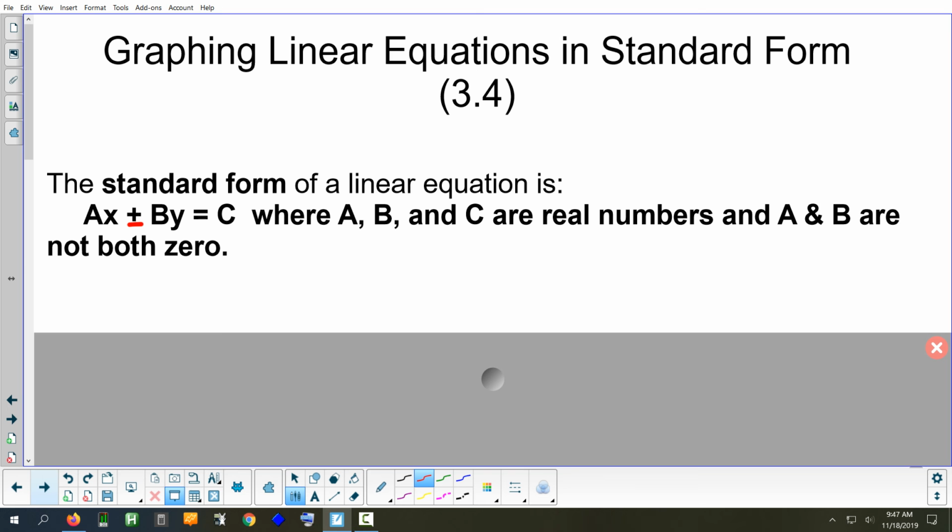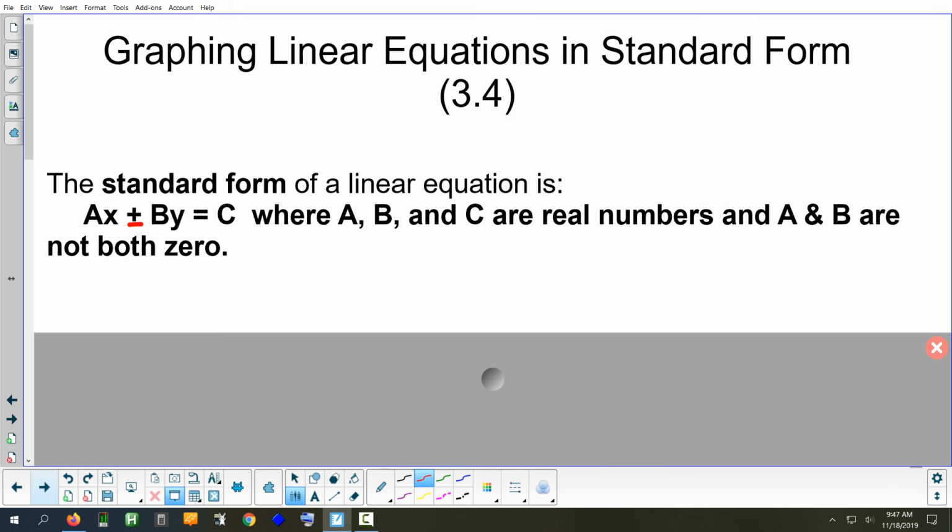Okay, they're all numbers. And when I say real numbers, that just means they could be fractions, they could be decimals, they could be positives, they could be negatives. One thing we got to be careful about is a and b can't both be 0. One of them could be 0, but they can't both be 0.